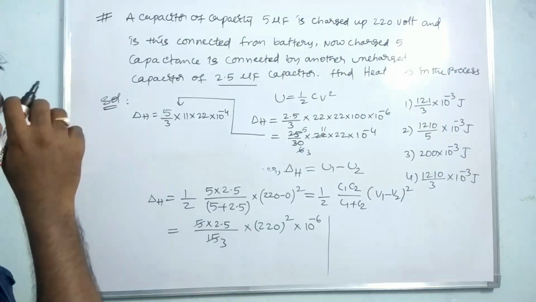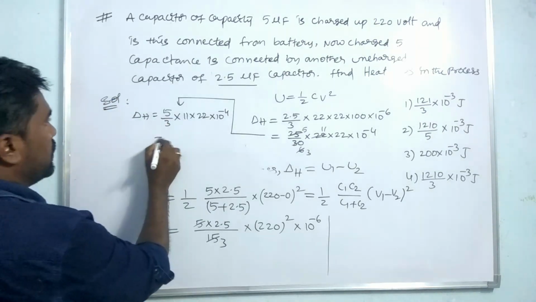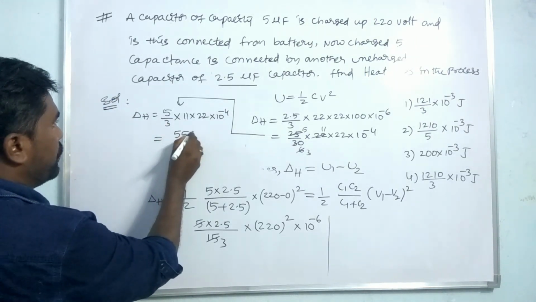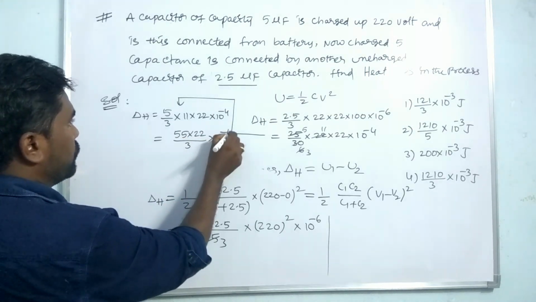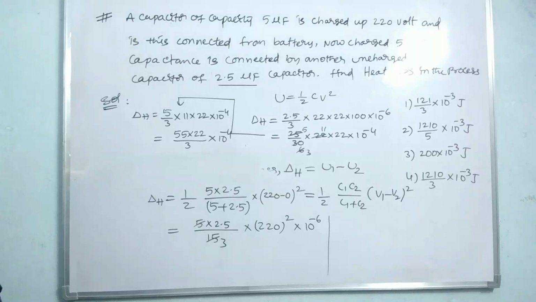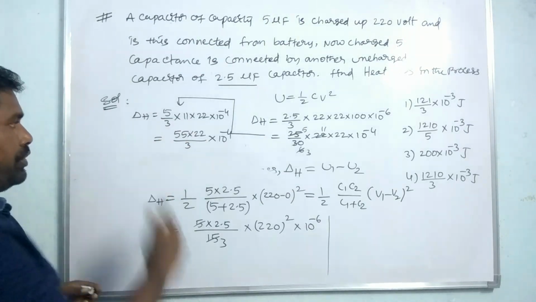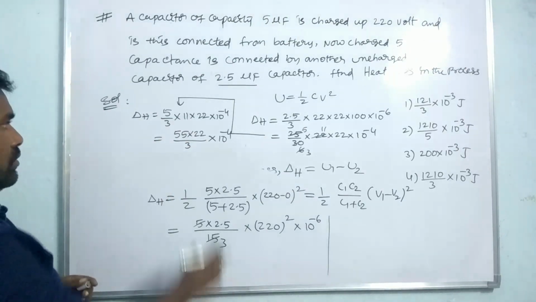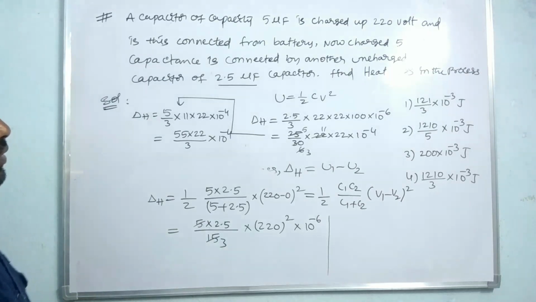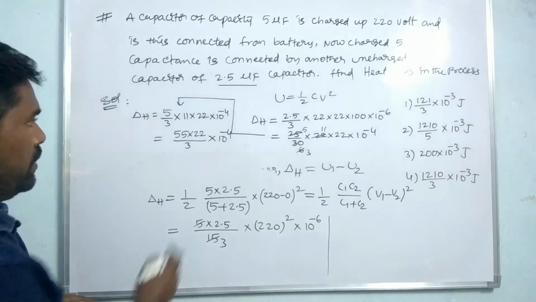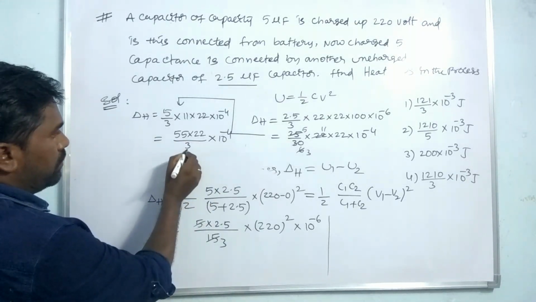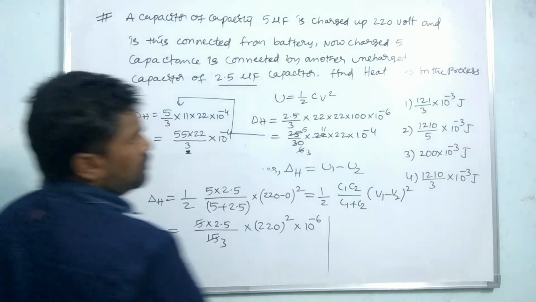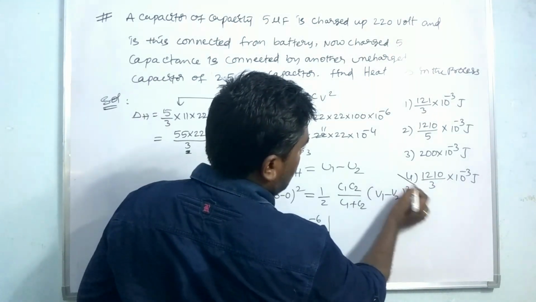So 5 into 11 is 55, into 22 by 3, into 10 power minus 4. Is there any answer here? 55 into 22 is approximately 1210, so it is 1210 by 3. So this is the answer we have.